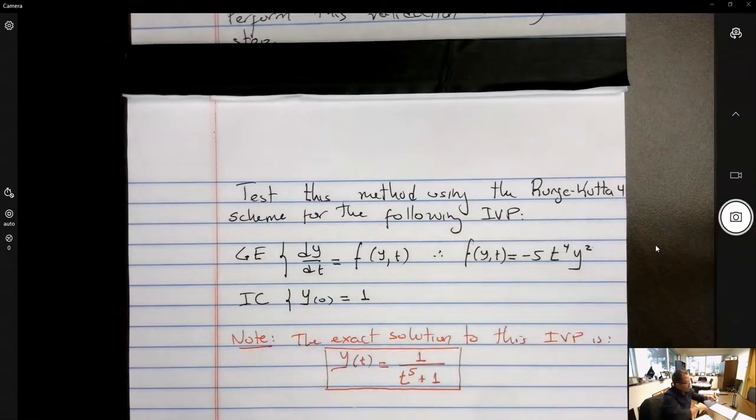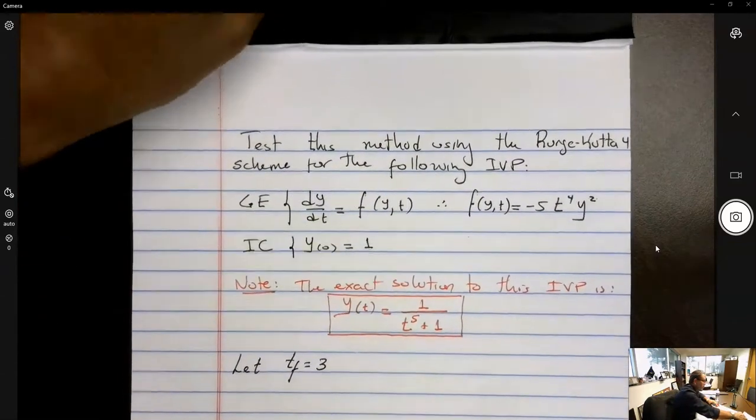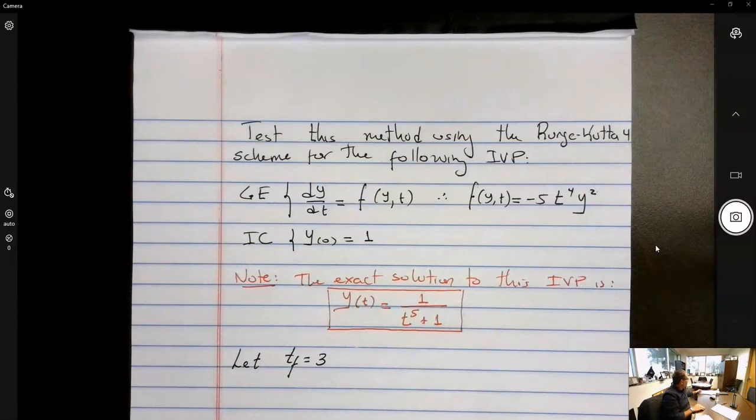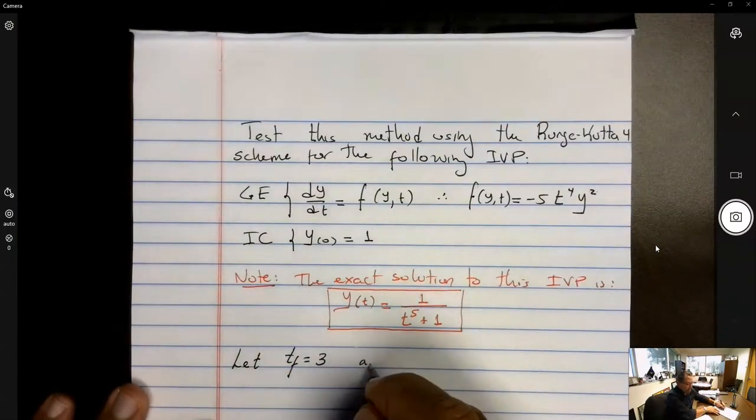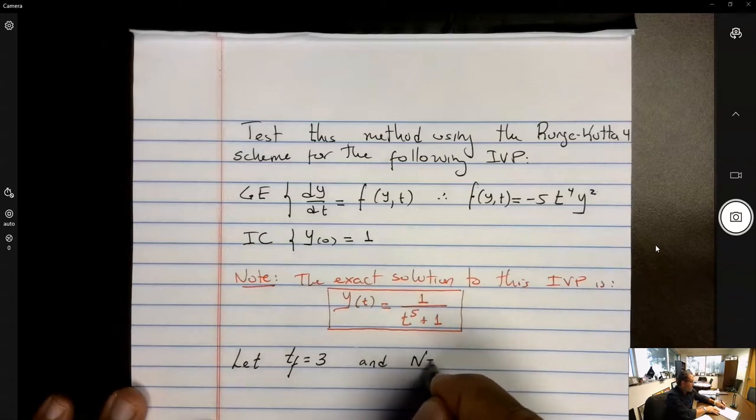All right. Now, for the purpose of this demonstration, we're going to let the final time equal 3. So we are interested in knowing the solution from time equals 0 to time equals 3. That's some physical time that has some physical meaning. And we're going to let n be equal to 10. This is not the order of approximation. This is the number of time steps.